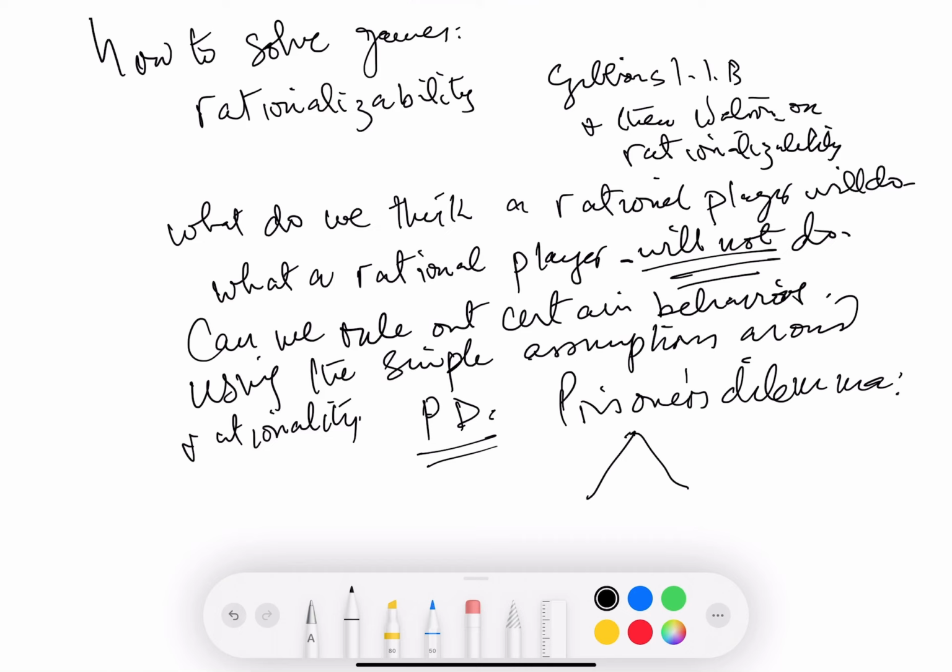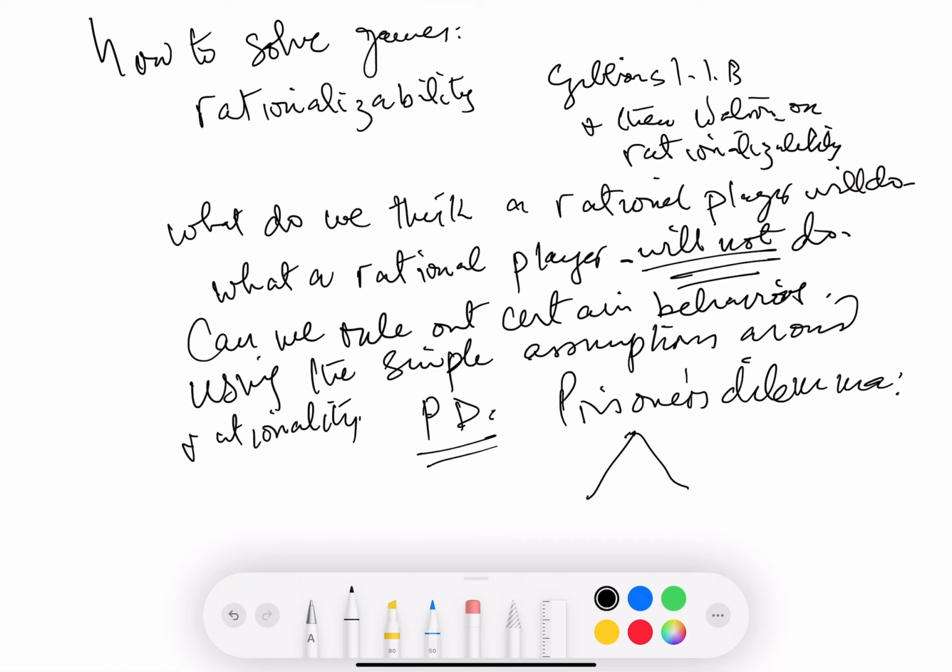These are two possible criminals who have been caught in the act of committing a crime. The police chief does not have enough evidence to convict them. What he does need is a confession. If he doesn't get a confession, he can convict them on some minor crime, okay? And he needs the confession of at least one person. He doesn't need the confession of both people.